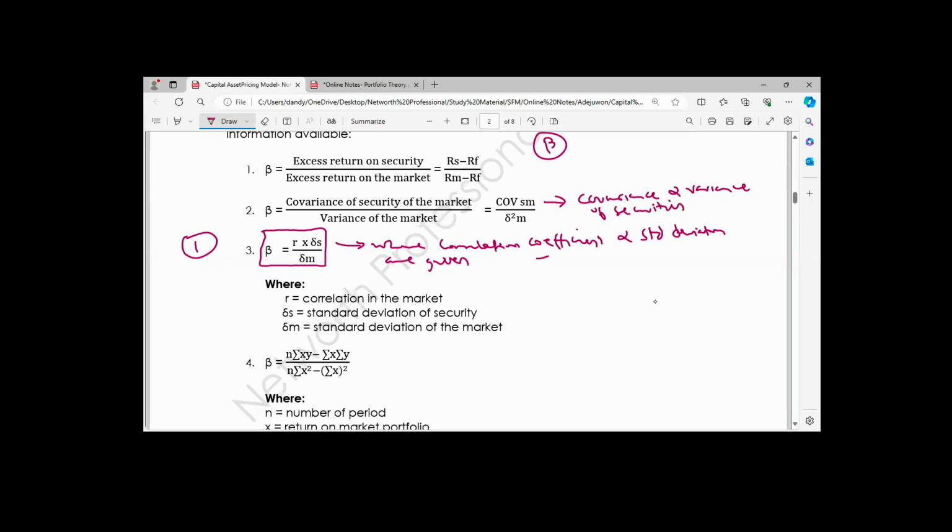Then in this case, this is the formula you are supposed to use to calculate your beta value. This is the second most frequent formula that I can usually test. In this case, the covariance between security and the market divided by the variance of the market. Okay? So I repeat. The covariance of security and the market divided by variance of the market. That is the second most frequent formula.